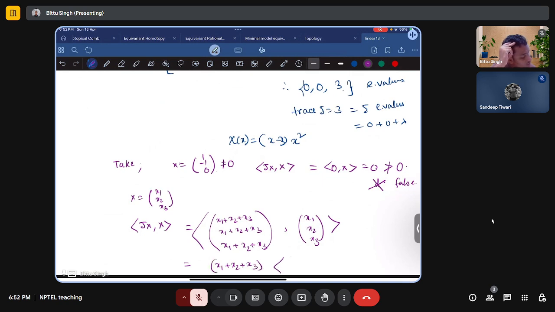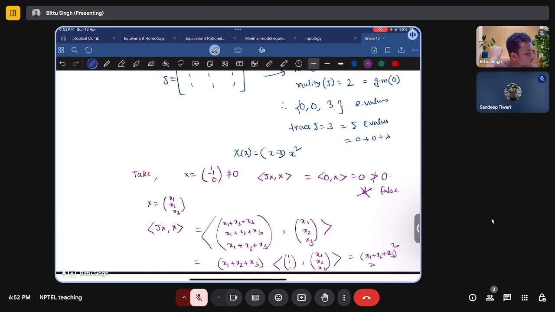This is taking the inner product of (1, 1, 1) and (x1, x2, x3). This inner product is also x1 plus x2 plus x3. So we are getting (x1 plus x2 plus x3) whole square, which is clearly greater than or equal to 0.